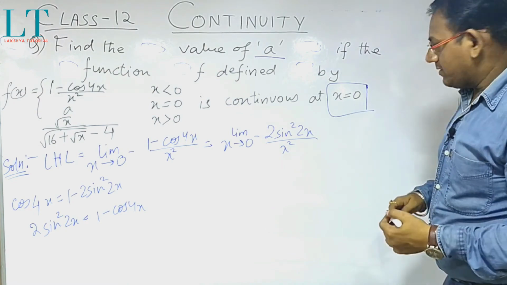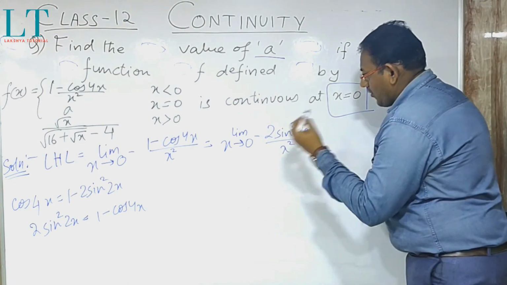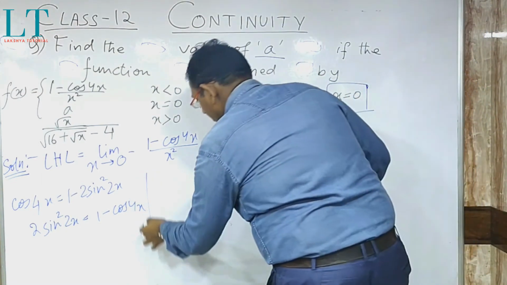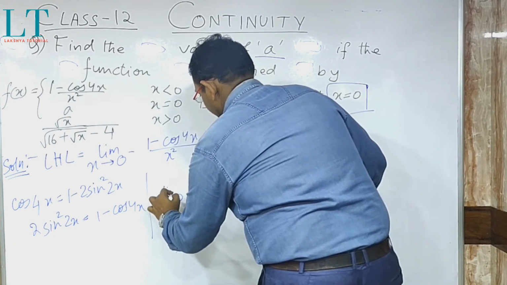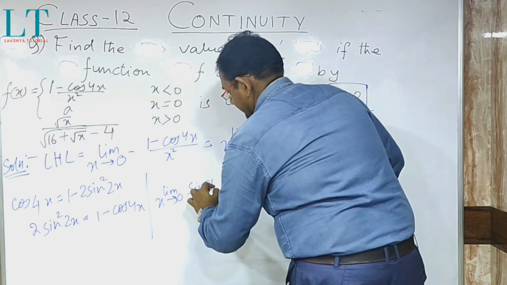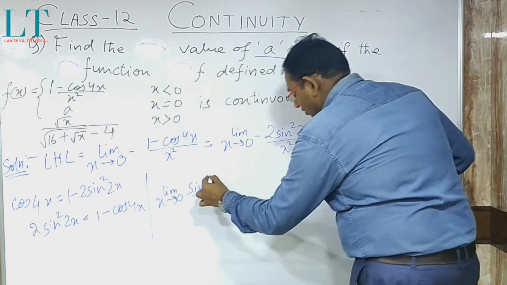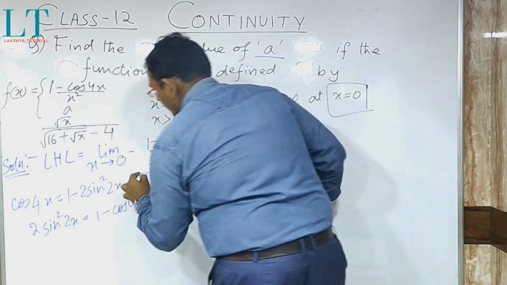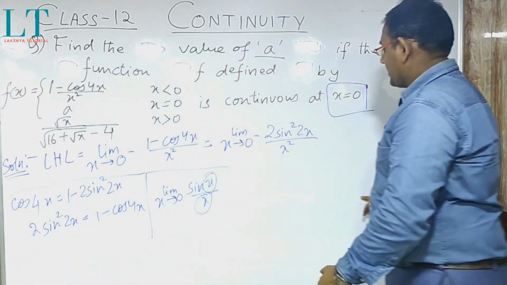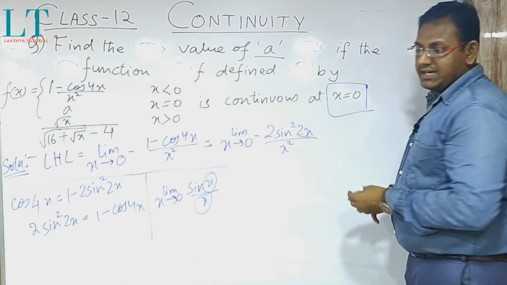Now the only problem is that the formula that we already know in the case of limit is x tends to 0 limit sine x by x. So the coefficient over here is 1 and the coefficient over here is also 1. Now in this particular case, the coefficient over here is 2.